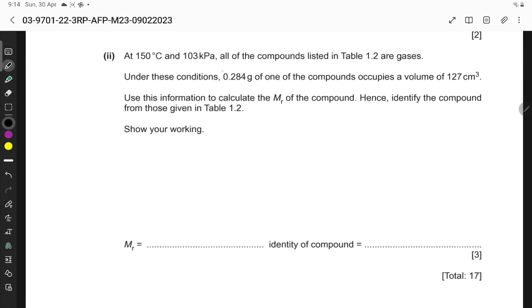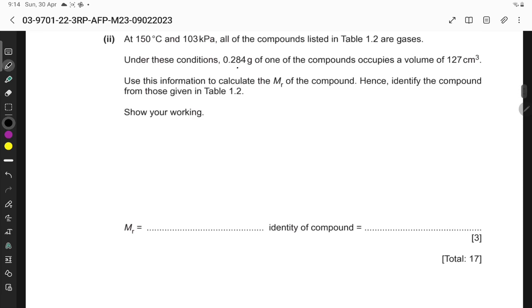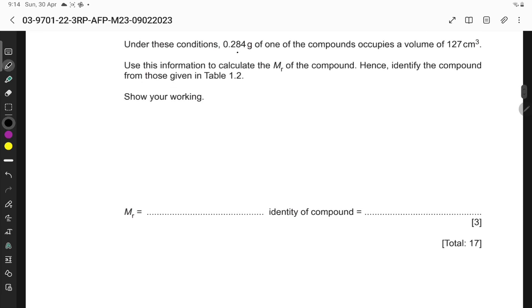At 150 degrees centigrade and 103 kilopascals, the compounds listed in table 1.2 are gases. Under these conditions, 0.284 gram of one of the compounds occupies a volume of 127 centimeter cube. Use the information to calculate Mr of the compound, hence identify the compound from those given in table 1.2.